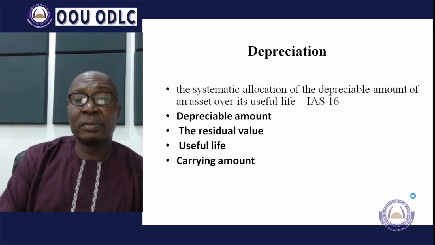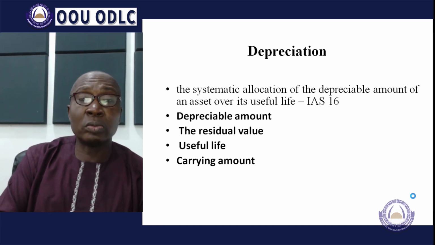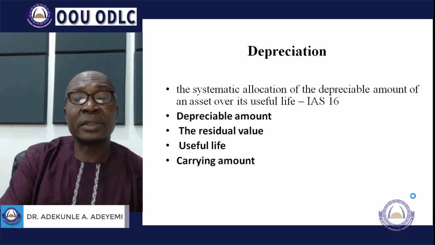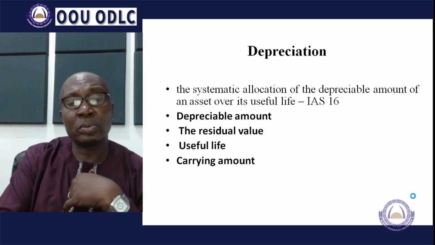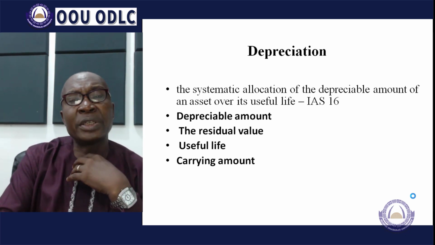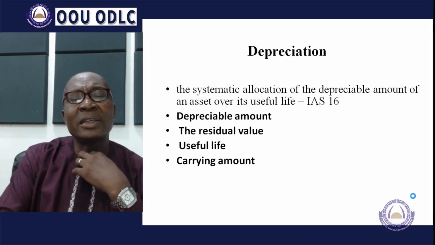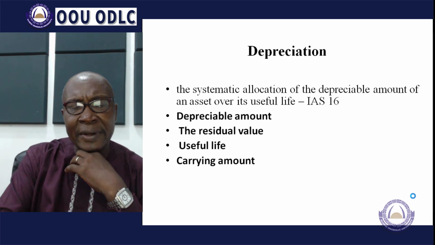IAS 16 requires that the chosen method should be the one which most closely matches the usage pattern of the asset concerned. With this example, we will demonstrate the use of the three depreciation methods that are identified.